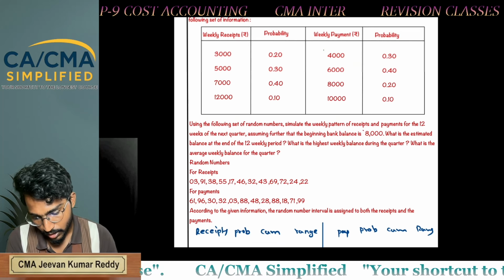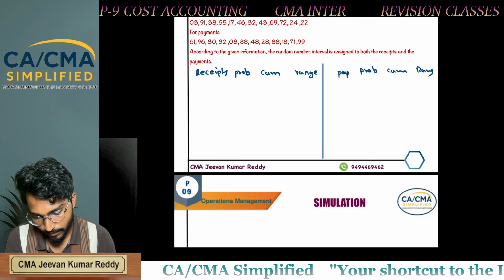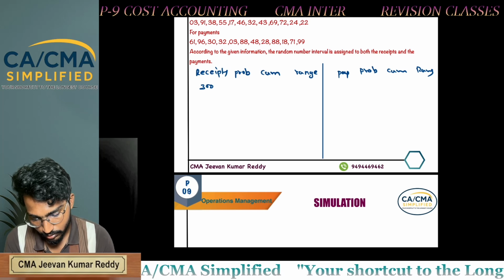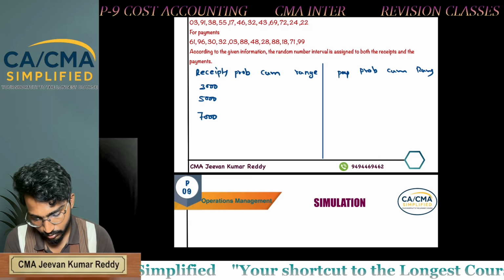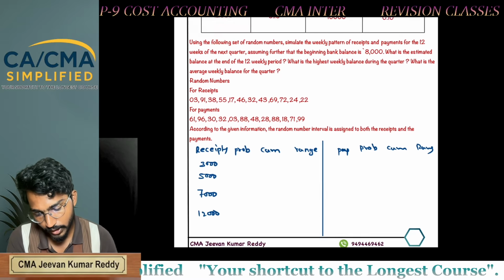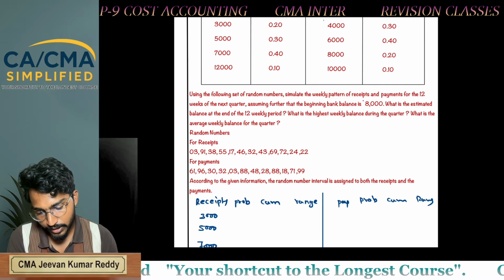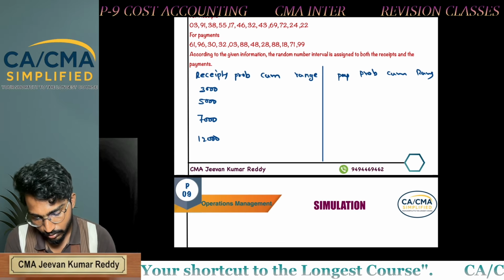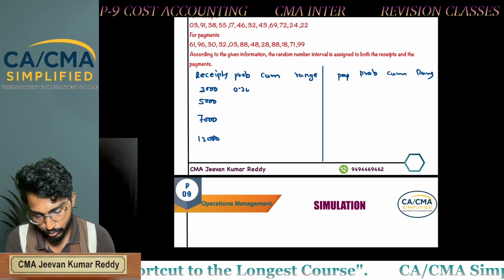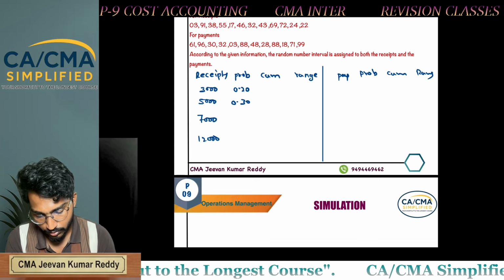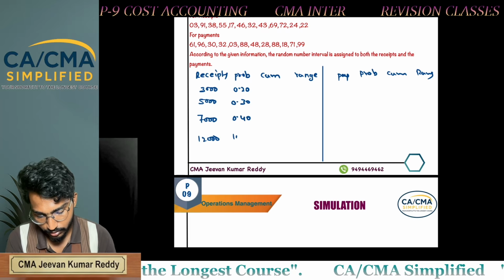First receipts: 3,000, 5,000, 7,000, 12,000. What is the probability? 20%, 30%, 40%, 10%. 20%, that is 0.20, 30%, 40%, 10%.